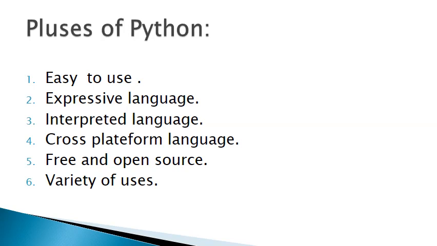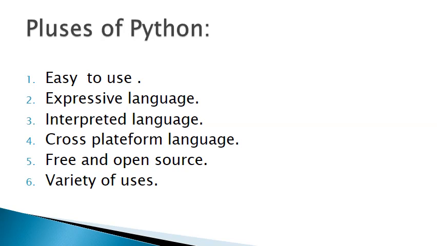It is an expressive language, means we can write the code in a very expressive way, like we say anything in any general, communicative language. Next, it is an interpreted language, means the programs written in Python are converted into binary language by using an interpreter, so it is called an interpreted language.